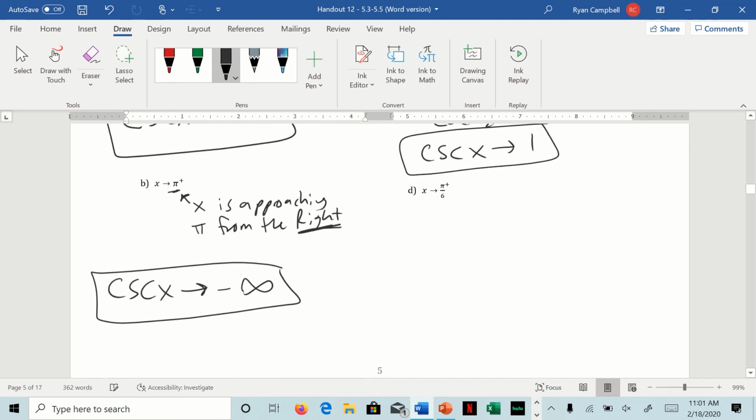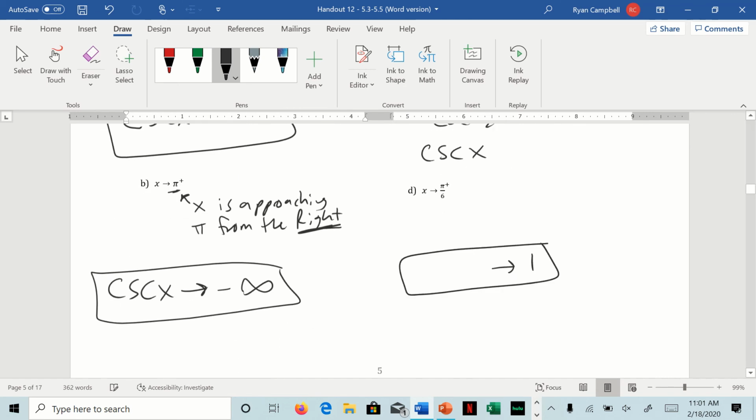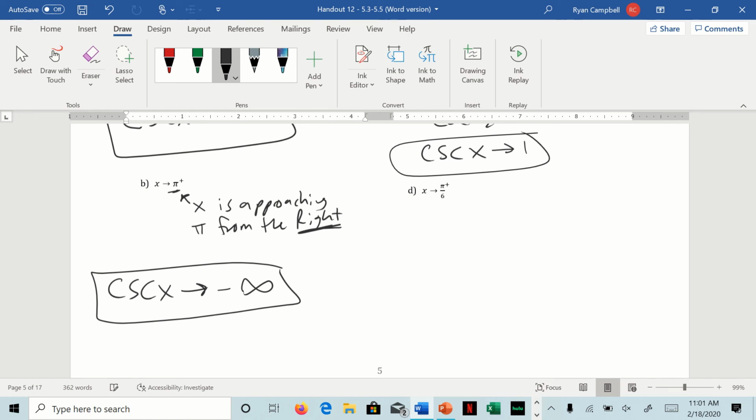We can do that with this next one too. It actually does approach something. That's weird. So let's just figure it out. Pi over 6, we said that's the same as 30 degrees. Remember, across from 30 degrees is 1. Then we got square root of 3 and 2. Those are the sides we have to remember.